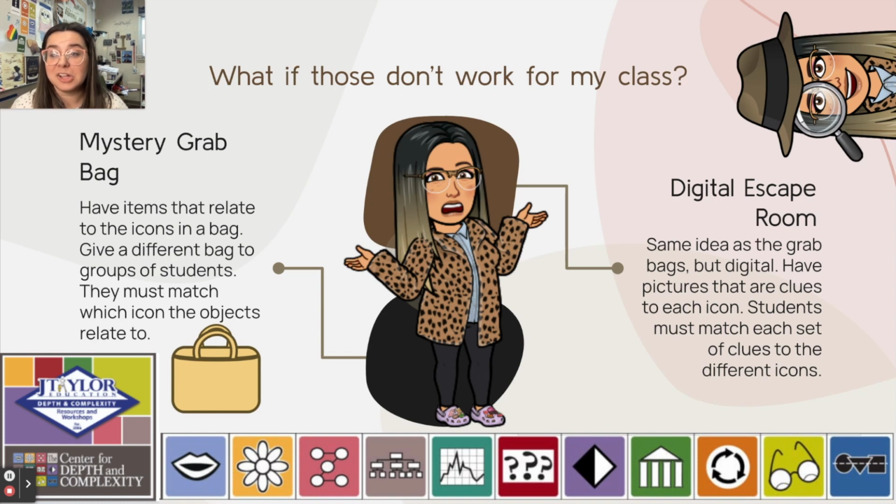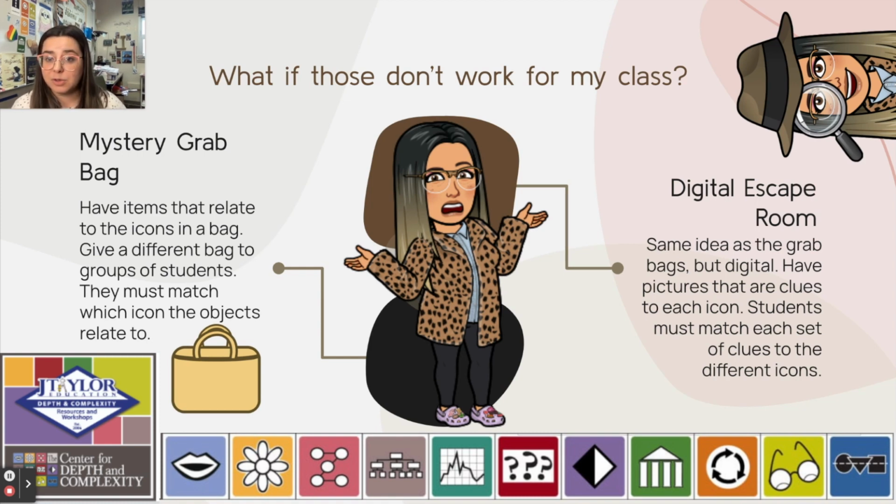Clean out those closets, anywhere, borrowing things. You could print out things, find things in a class library, or different supplies that you might have that might fit each of the icons, and just have fun with it.